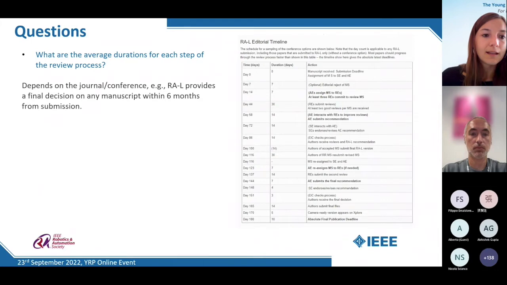And if you go on the page of Robotics and Automation Letters, there is actually a very specific timeline about what is happening to your paper when you submit it. So in general, you can find this kind of information on the page of the journal or of the conference. Not all the conferences and journals are as detailed as RAL, but in general, some information is provided there. But it really depends on the journal or conference.